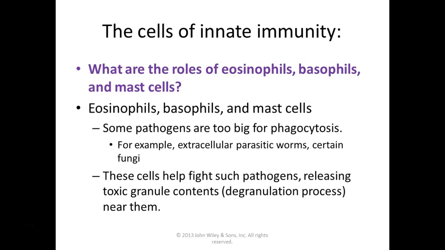So the next set of cells are granulocytes, right, which means they're filled with granules and also their names end with "phil," right? So we talked about these guys briefly last time: eosinophils, basophils, and mast cells. These guys don't do phagocytosis, right? They don't engulf.